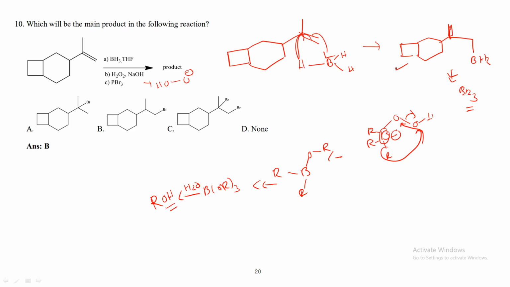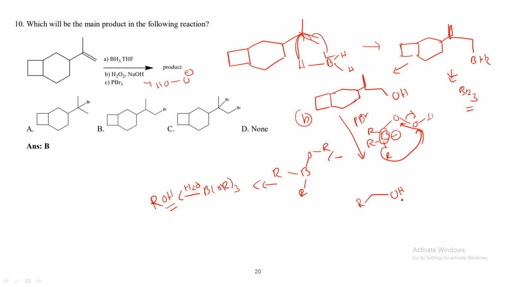So here the same thing would happen, and the carbon is reduced and OH is incorporated, right? So this should be the product after BH3, and now it is treated with PBr3. So PBr3, let's see what happens.